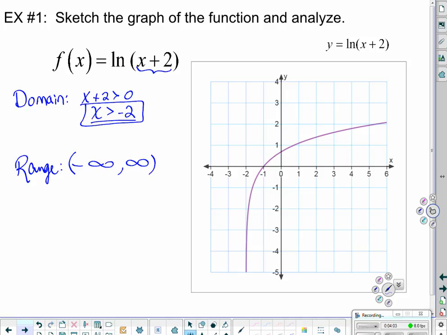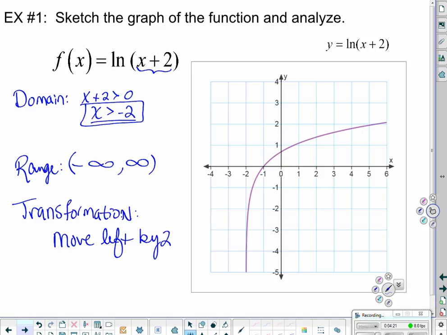I also know, transformation-wise, that this thing is going to be slid horizontally. Let's see, it's going to move left by 2, isn't it? So we can see sliding left by 2.